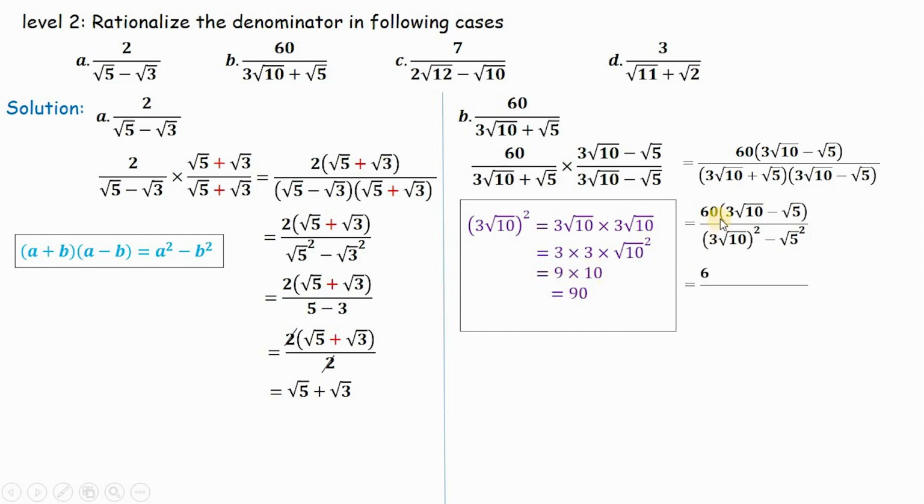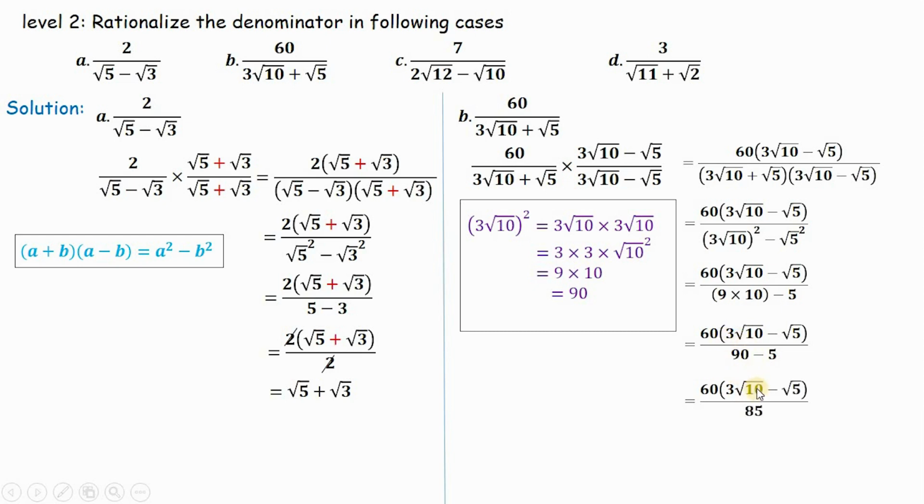So we'll write over here 60 into 3 root 10 minus root 5 by 9 into 10 minus 5. 9 into 10 is 90. 90 minus 5.